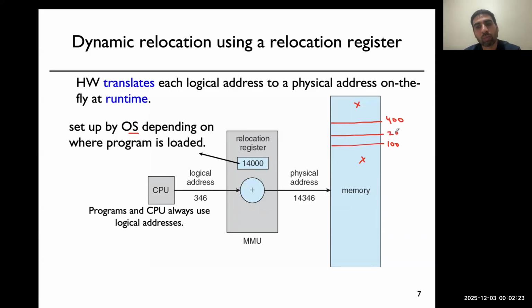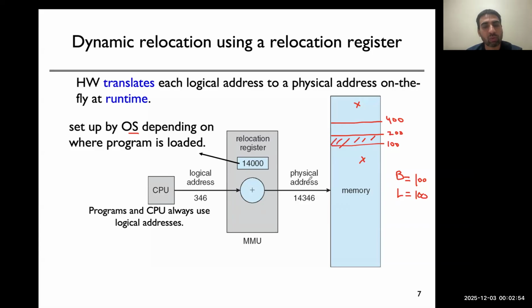So what your operating system can do is set the base register or the relocation register equal to 100, and since the size of the process is only 100 bytes, it can also set the limit equal to 100, right? So it will start from 100 and it is allowed to occupy all this space or produce addresses within this range.